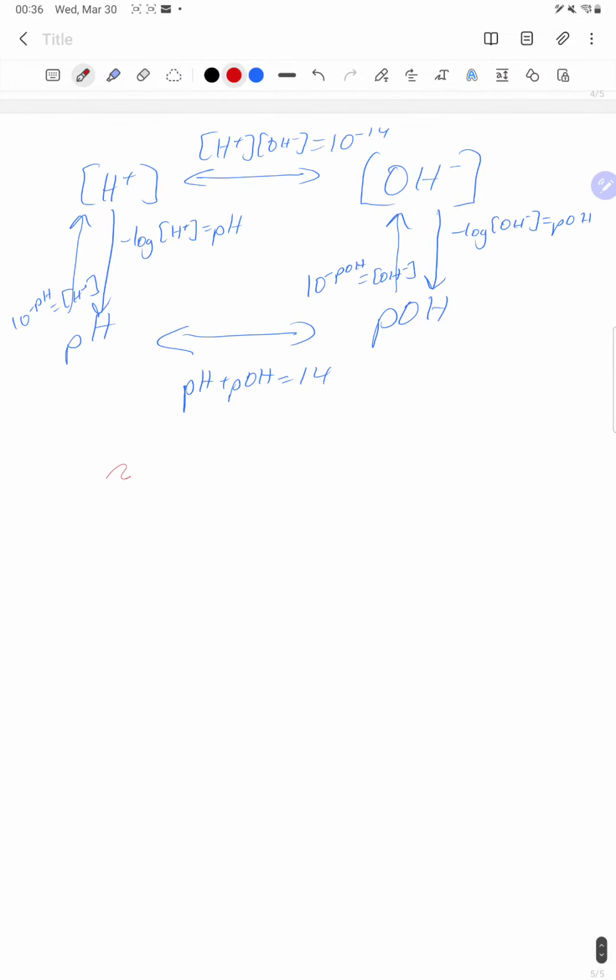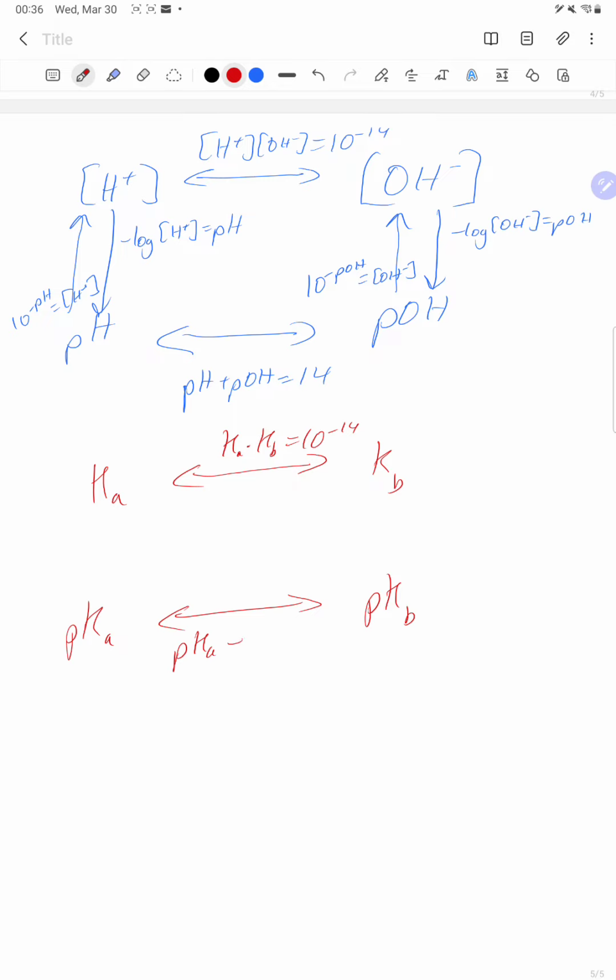So now we're going to do Ka, Kb, pKa, pKb. So as before, to go between these two, Ka times Kb equals 10 to the negative 14. Go between these two, pKa plus pKb equals 14.